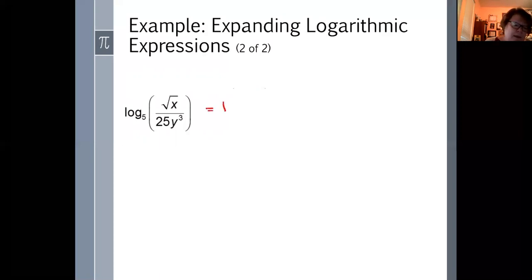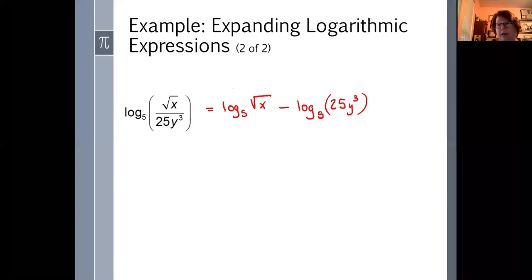So this is going to be the log base 5 of my numerator, which is the square root of x, minus the log base 5 of 25 y to the 3rd. And I am taking the logarithm of that entire expression, 25y to the 3rd. So I'm going to put that in parentheses so that I know that's what I'm taking the log of.